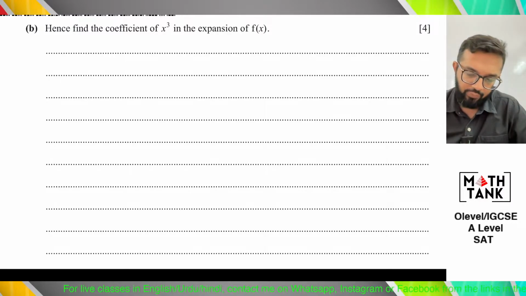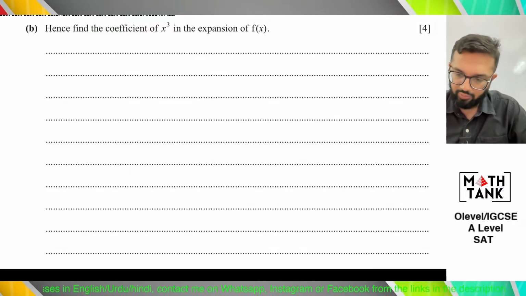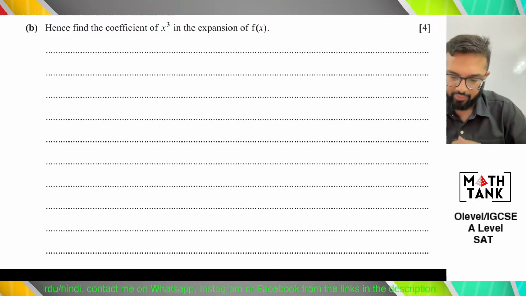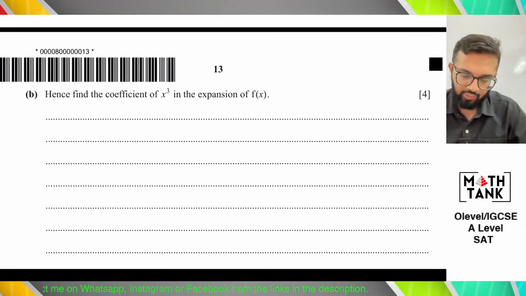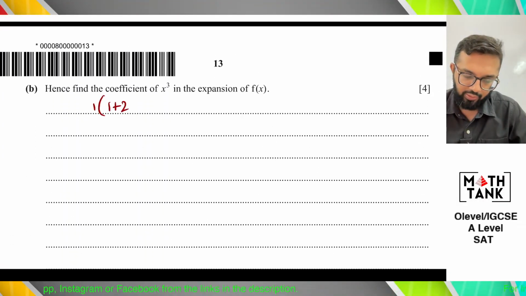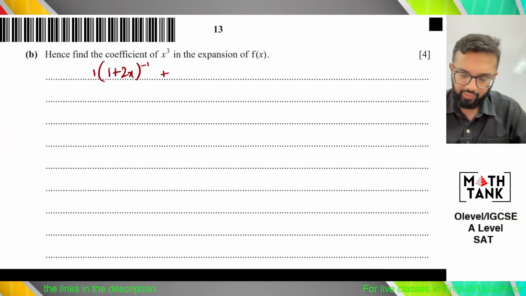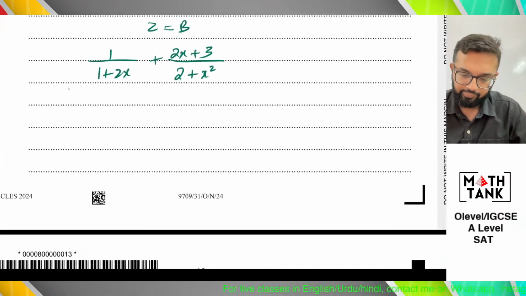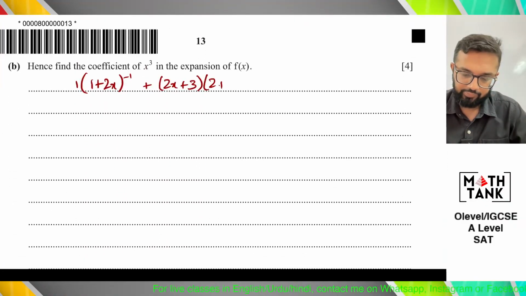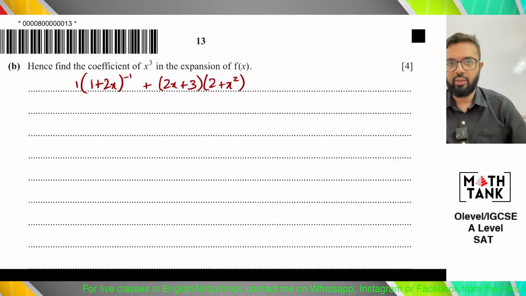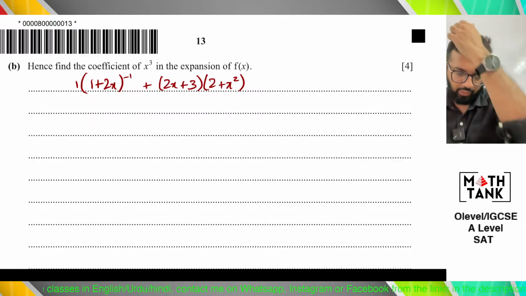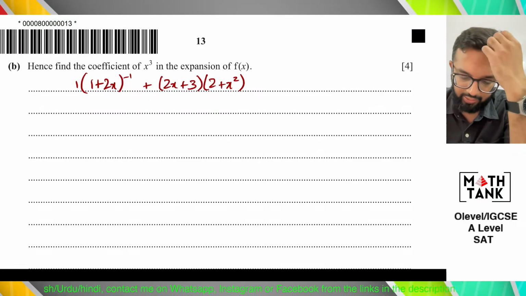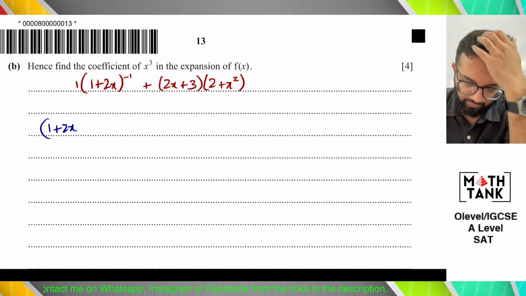Okay, hence find the coefficient of x cube in the expansion. So what I am going to do is take my expansion, bring it to the numerator, and then try to do an expansion. For the first bracket, I have 1 plus 2x power minus 1.